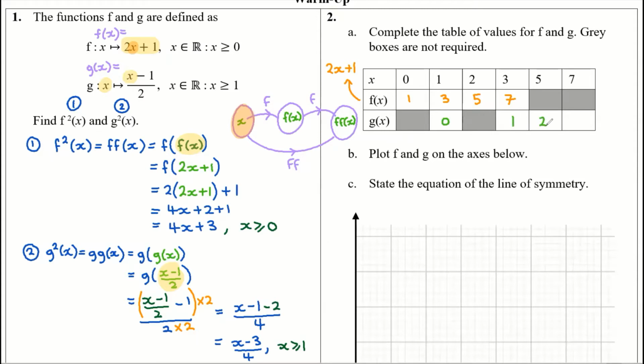And 7 subtract 1 is 6, divided by 2 is 3. So we've filled in our table of values, and the next job is to plot these graphs on the axes and state the equation of the line of symmetry. We'll do that next.